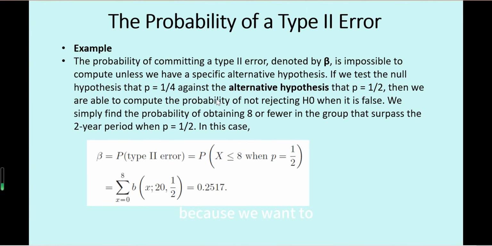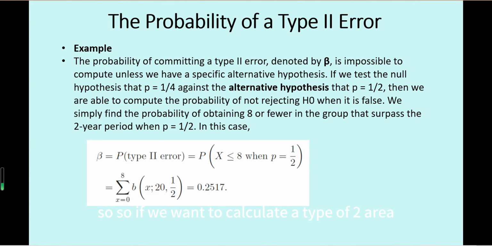Why? Because we want to calculate the probability of the error that we do not reject the null hypothesis, but actually H1 is true. So in this problem, we have to specify the H1 level.